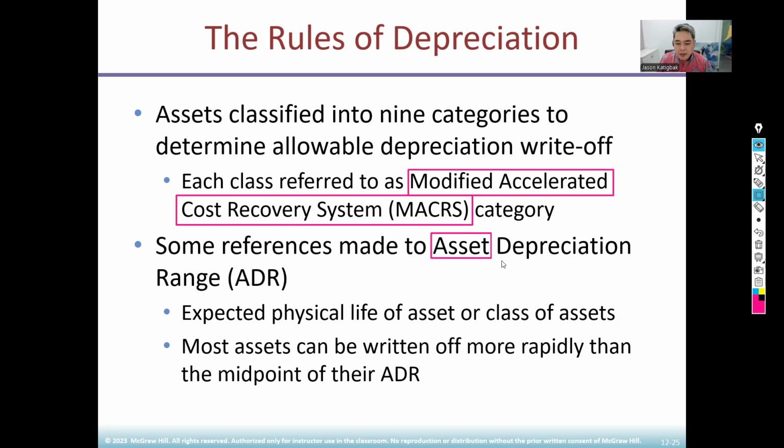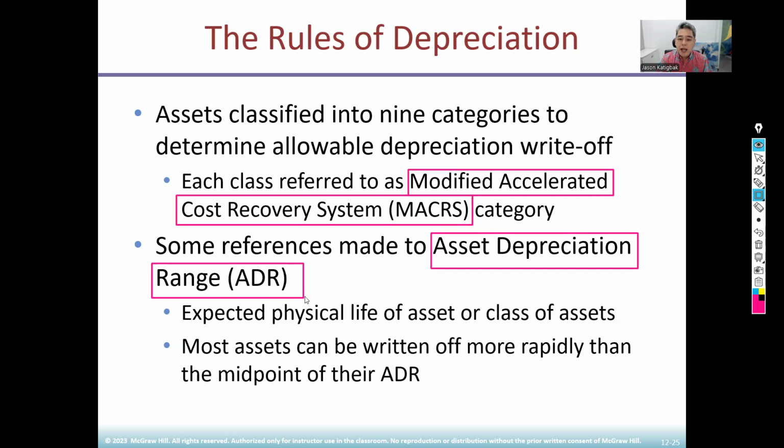And then depending on the asset classification, we have ADS, or asset depreciation range, ADR. For example, in my company, we have mostly fuel related tanks, canopies for the retail sites, underground storage tanks, above ground storage tanks. Those are oil related.